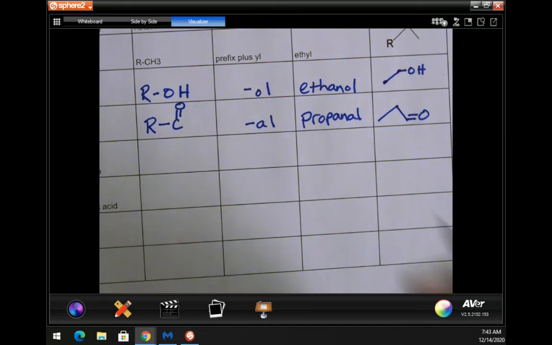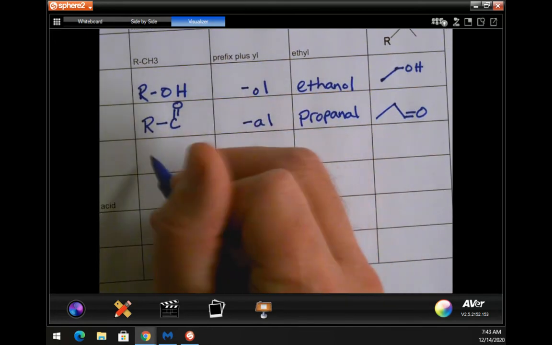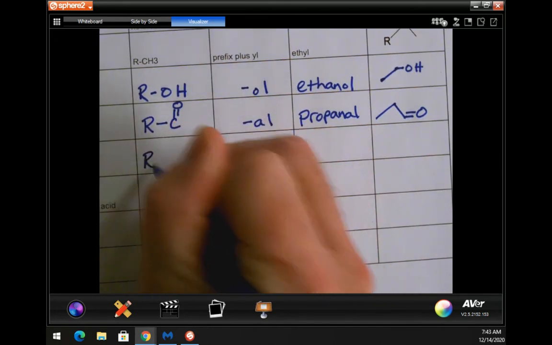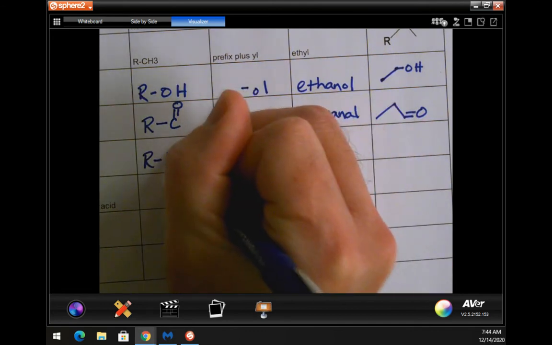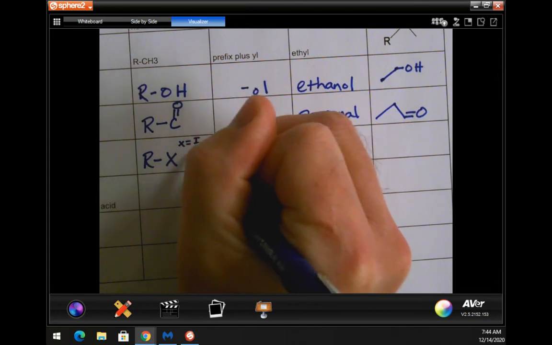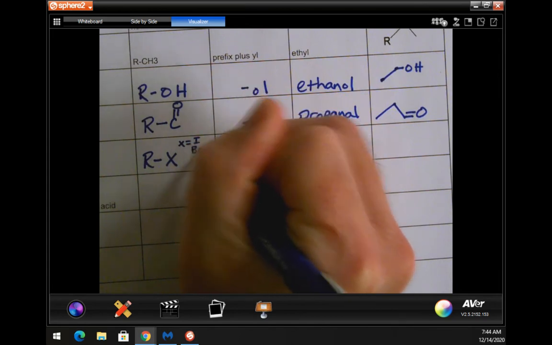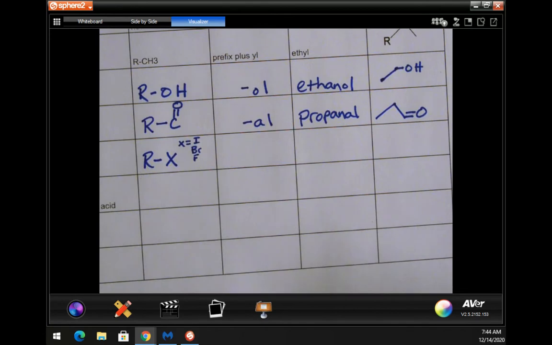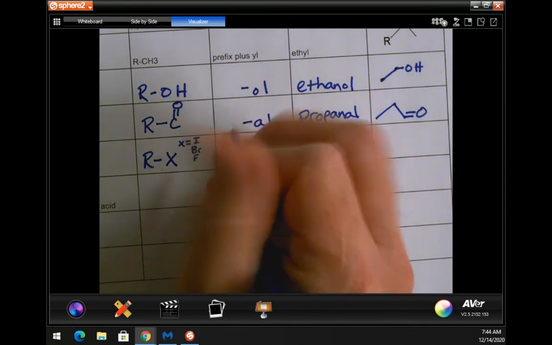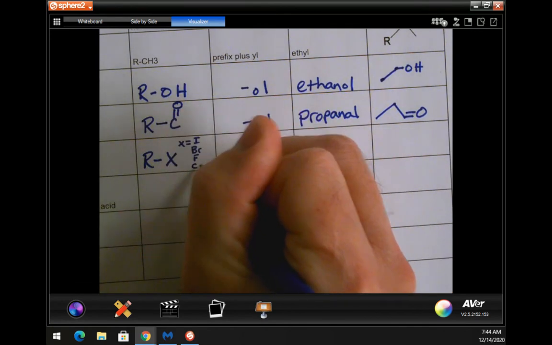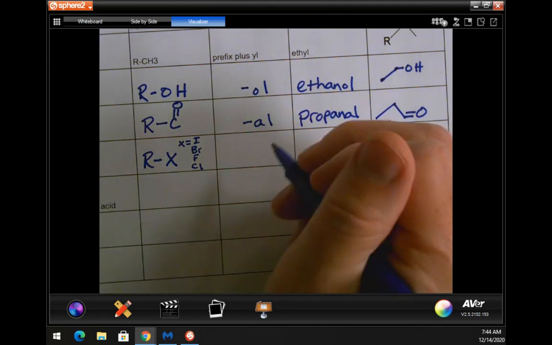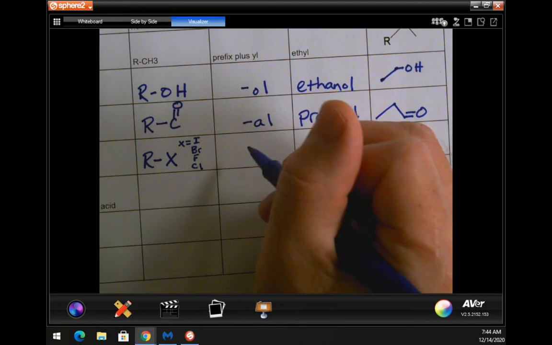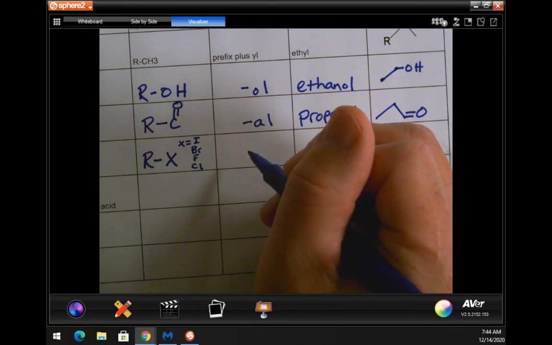All right, so then your haloalkanes. This can be a little confusing because you'll see it like this, and the X can equal I, it can equal Br, it can equal F, and it can equal Cl. These don't really have a different ending.